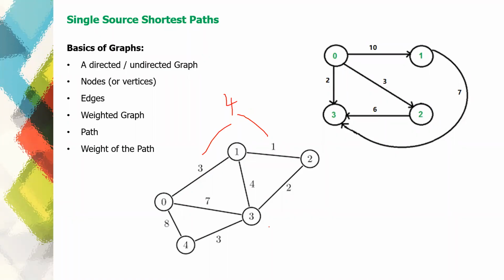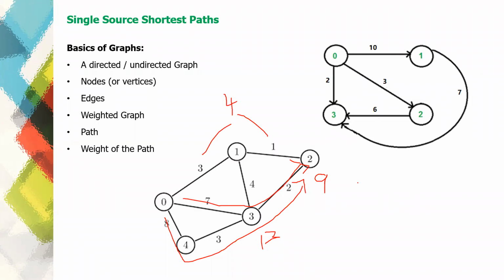If you are taking this path, then the cost of the distance will be 9. If you are taking this path, then the cost of the distance will be 13. So there are 3 different paths for traversing from node 0 to 2 with different weights, different costs of the paths.